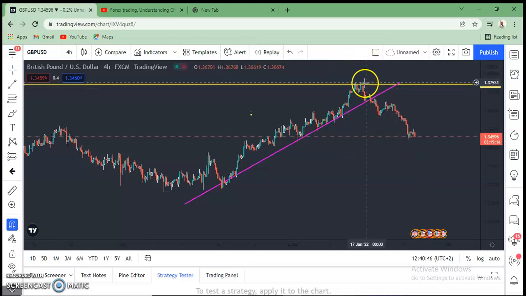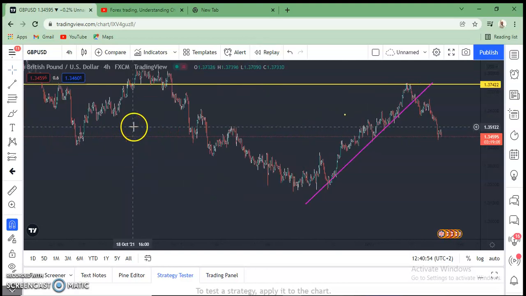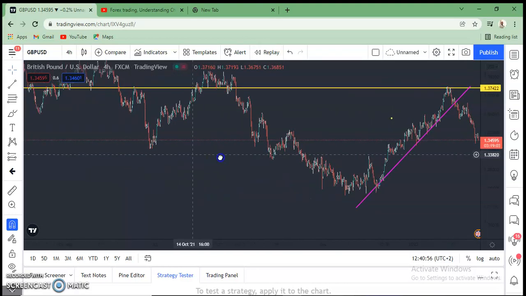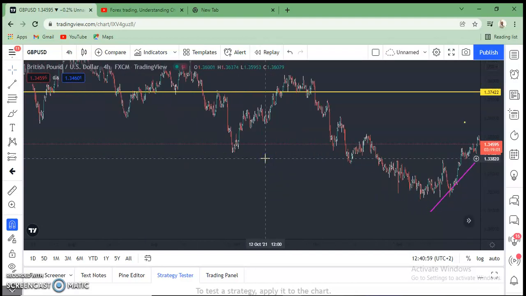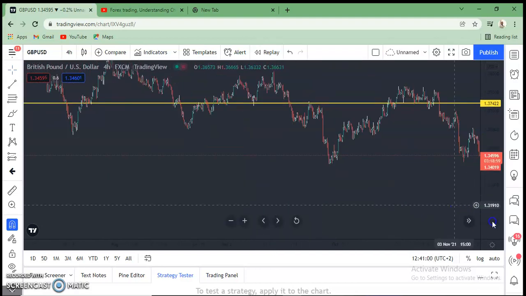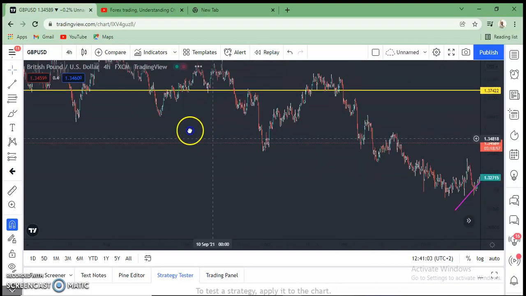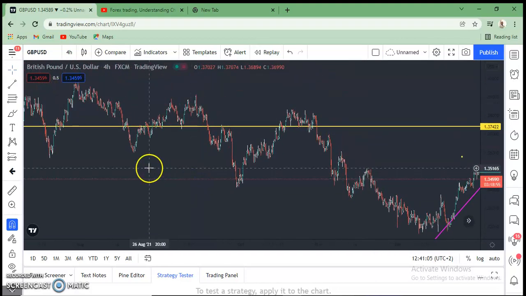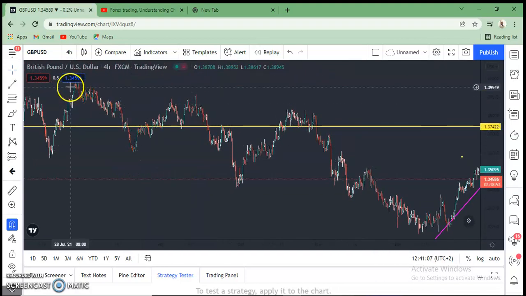So this line I've drawn here, you'll realize it has a connection with the previous market performances. When we go back, hope you can see something. Just look at that. How wonderful.